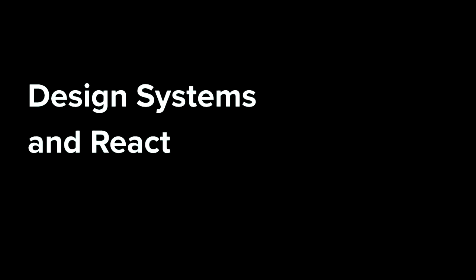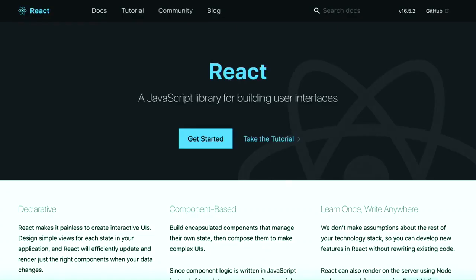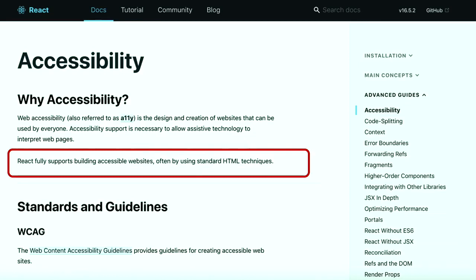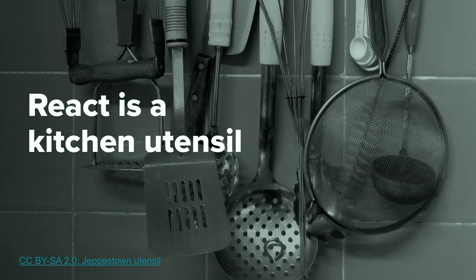So what does this have to do with React? Well, there's always been this debate that using a JavaScript framework creates inaccessible apps. Well, if you look at the React docs, they have the accessibility page. React fully supports building accessible websites using standard HTML and CSS techniques. So a better way to think of this is to consider React a kitchen utensil.